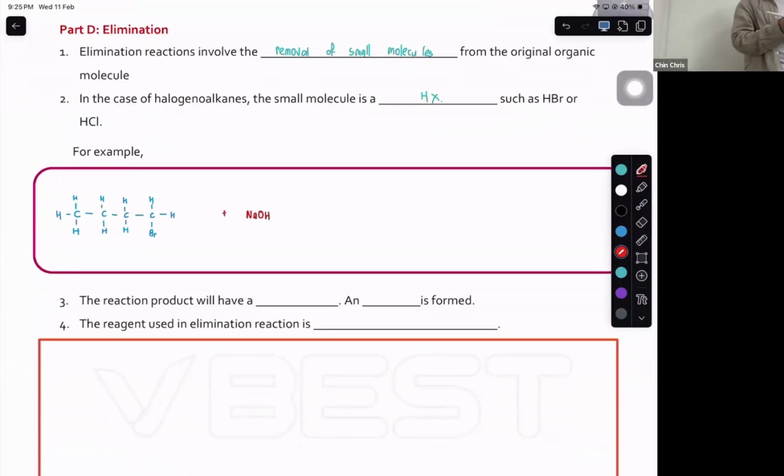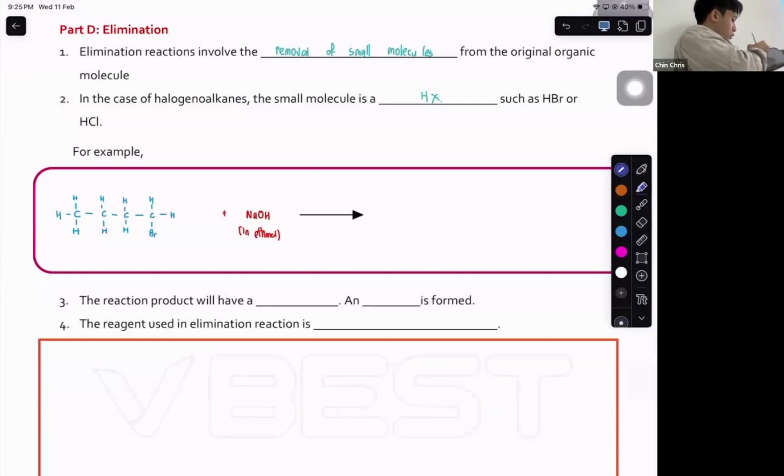Alright guys, for this one, my NaOH has to be in ethanol. Next, what are you removing?